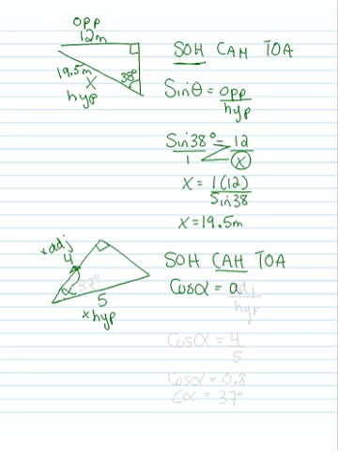So cos of alpha, because it stays alpha, we don't know what that is, equal to adjacent is 4, hypotenuse is 5. These are the best ones to get because all you need to do is go 4 divided by 5. So cos of alpha is equal to 4 divided by 5, which gives me a decimal of 0.8.